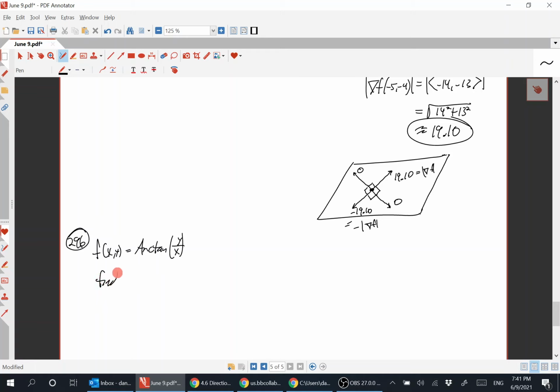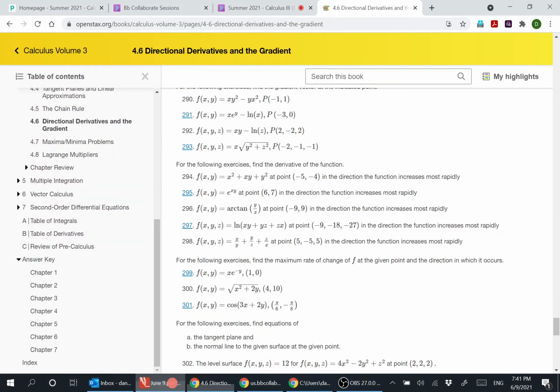Find the max directional derivative at negative 9, 9.